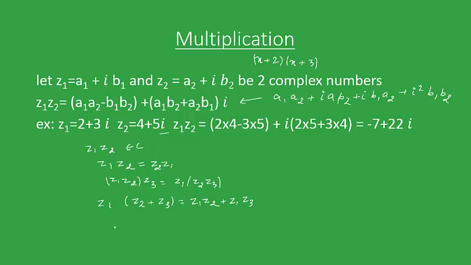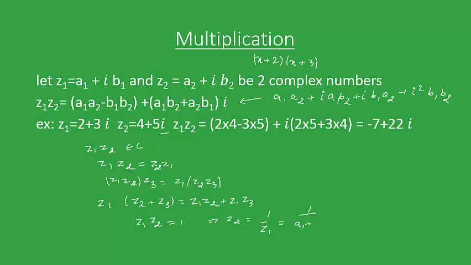The next one is the multiplicative inverse, which says that if you multiply a number by its inverse, let's say z2, the result is equal to 1. It will satisfy this simple property, which yields z2 is equal to 1 upon z. So let's work out what 1 by z1 would be. Let's take z1 equal to a1 plus iota b1.